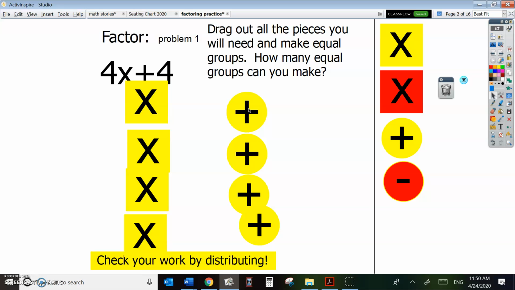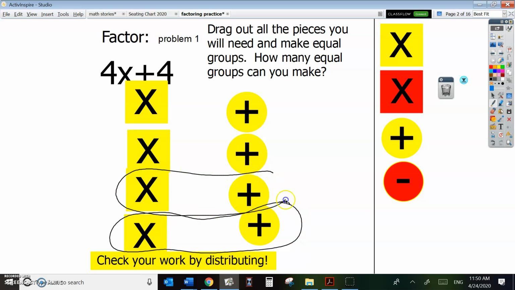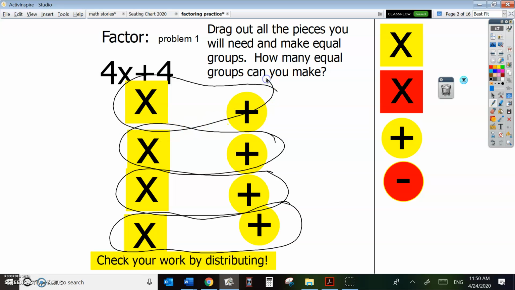So now you can see that you can make 4 equal groups, and each group has x plus 1 in it, just circling the equal groups here. So 4x plus 4, if you factor it, you put the number of groups outside the parentheses, and then whatever is in the group is inside the parentheses.